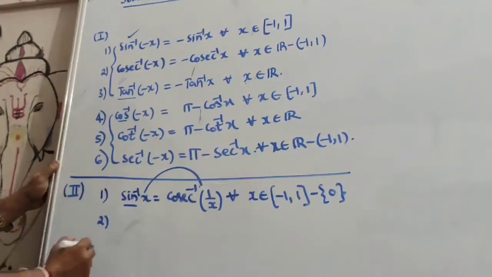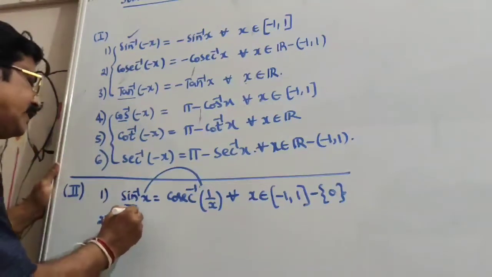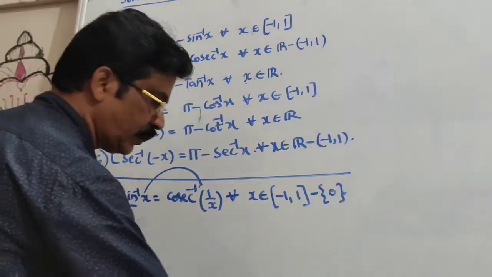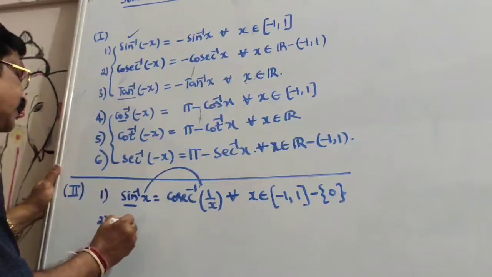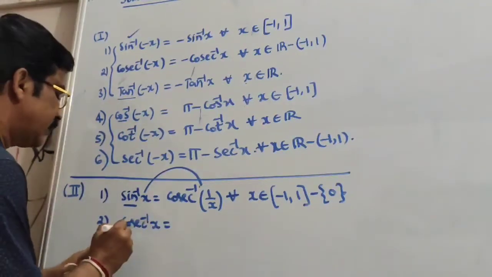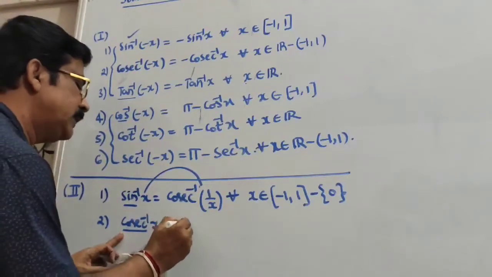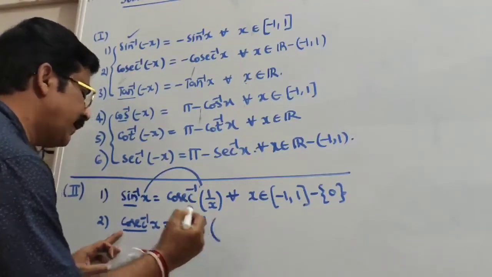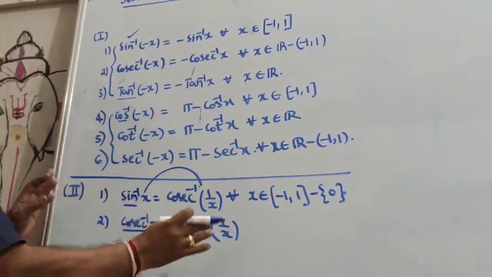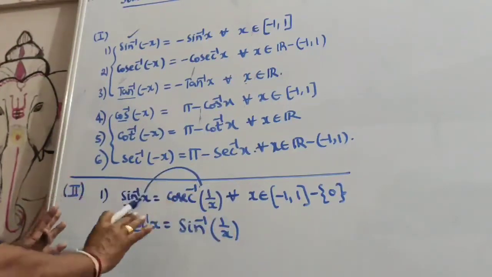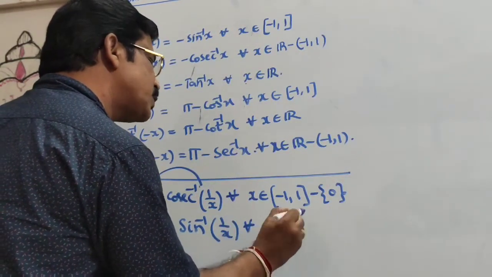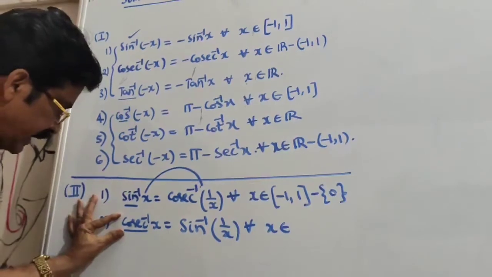Next, number 2, same. Similarly, cosecant inverse of x can be written using the reciprocal, sine. So sine inverse of the reciprocal 1 by x. We are writing reciprocals on the RHS side. Next, for all x belonging to the LHS, cosecant inverse x.